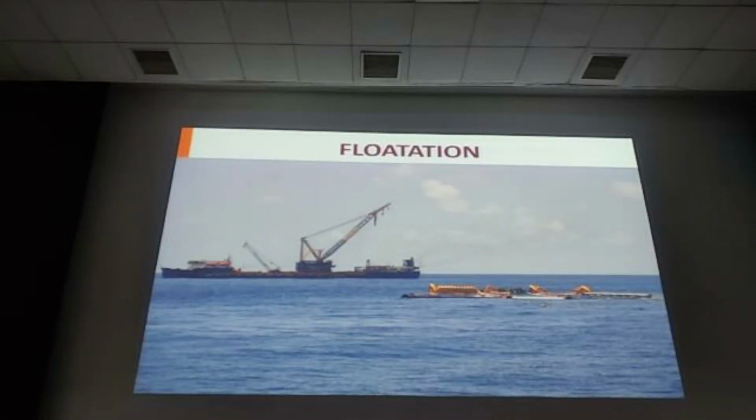You can see this jacket is floating. Now we can see there is a lifting crane, so with the help of the crane we can upend it. Or if you don't have sufficient crane capacity, you can control it using the flooding. Using controlled flooding, we can flood the jacket legs in such a way that it will come into the vertical position.